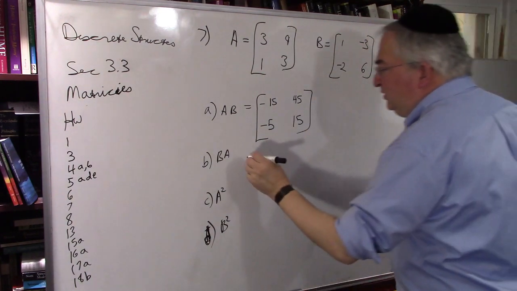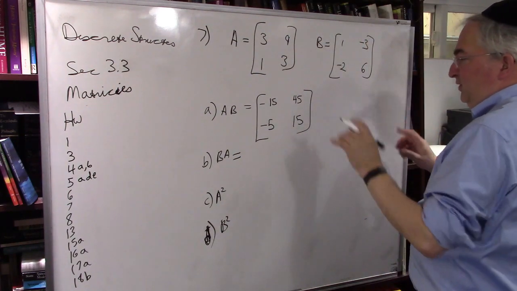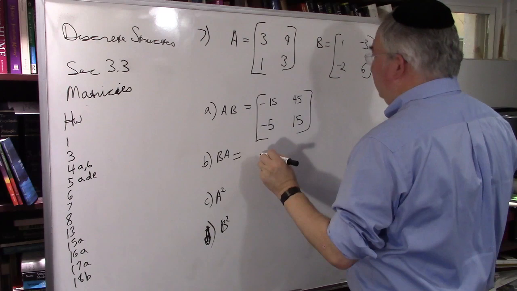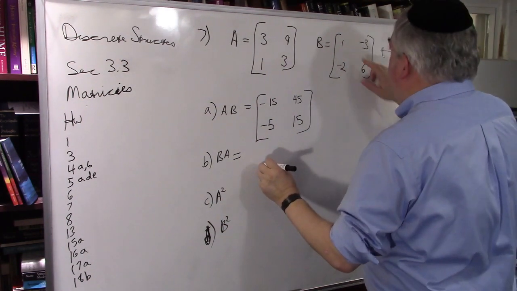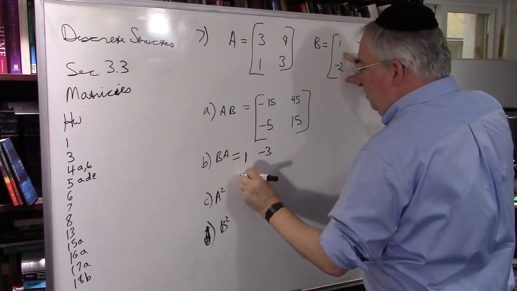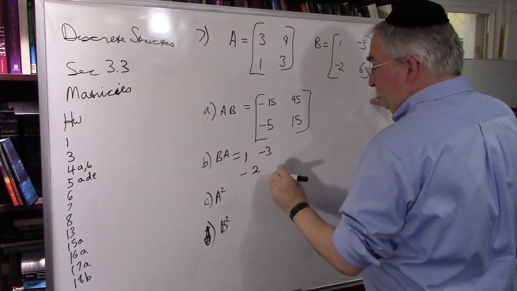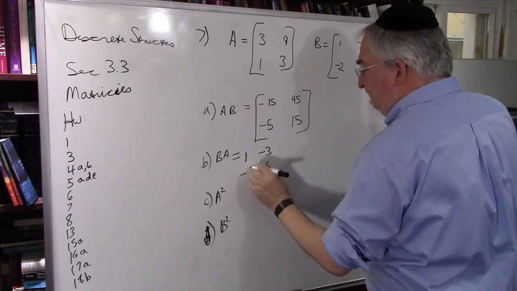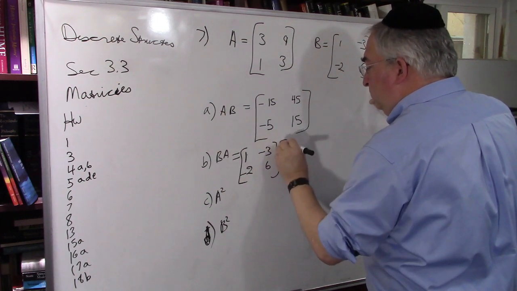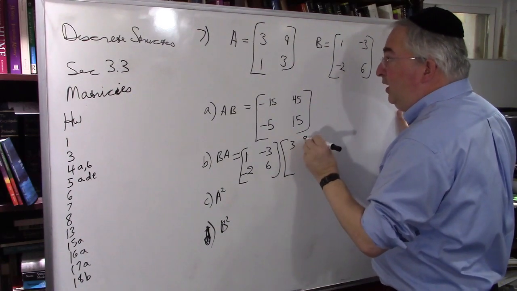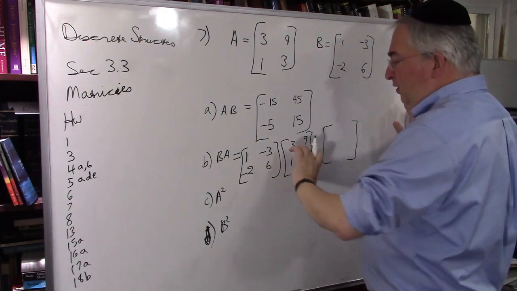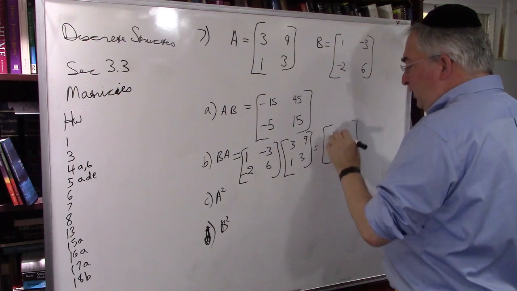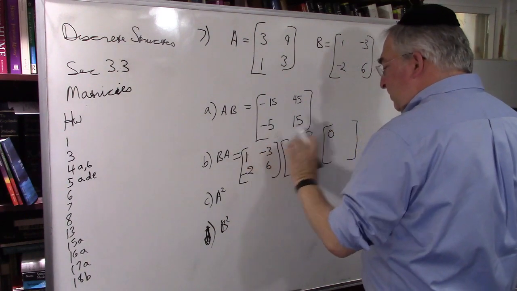Let's do BA. I'm going to have to rewrite it because otherwise things get messy. Let's make sure we get it right. 3, 9, 1, 3 and 1, minus 3, minus 2, 6. Okay, ready? 3 plus minus 3 is 0. 9 plus minus 9 is 0.